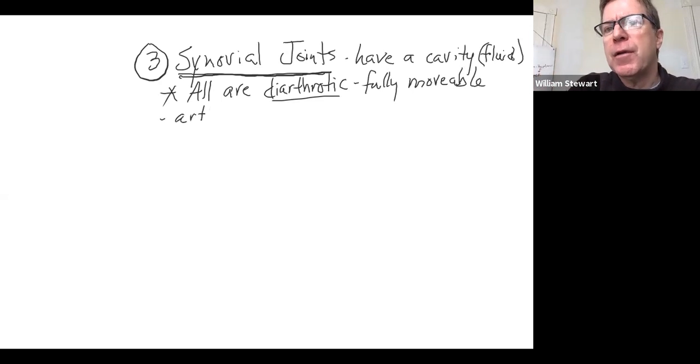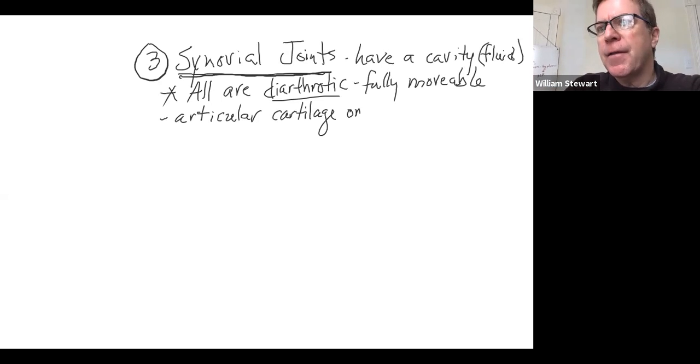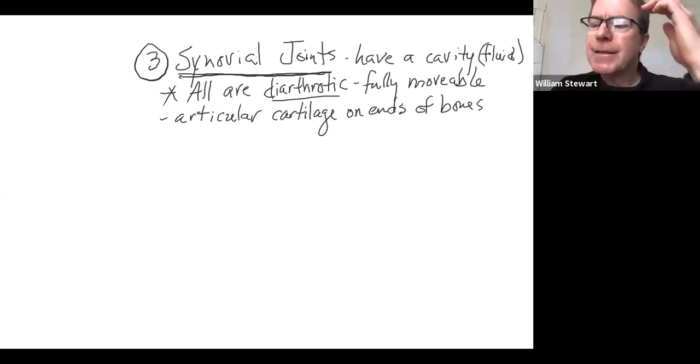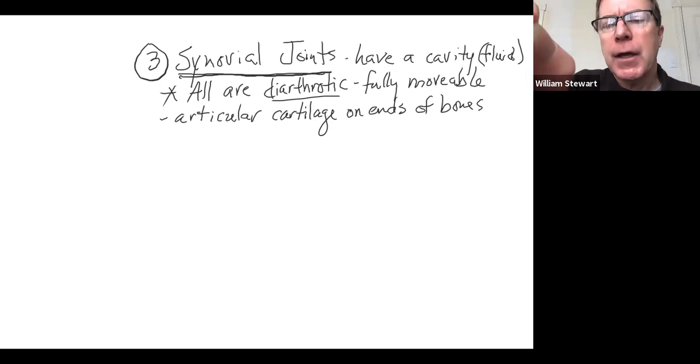Not so in the previous. It's hard to talk and spell at the same time. So articular cartilage is present, I'm just going to say, on the ends of the bones at the joint. That's not necessarily the case in the other classifications we've done.